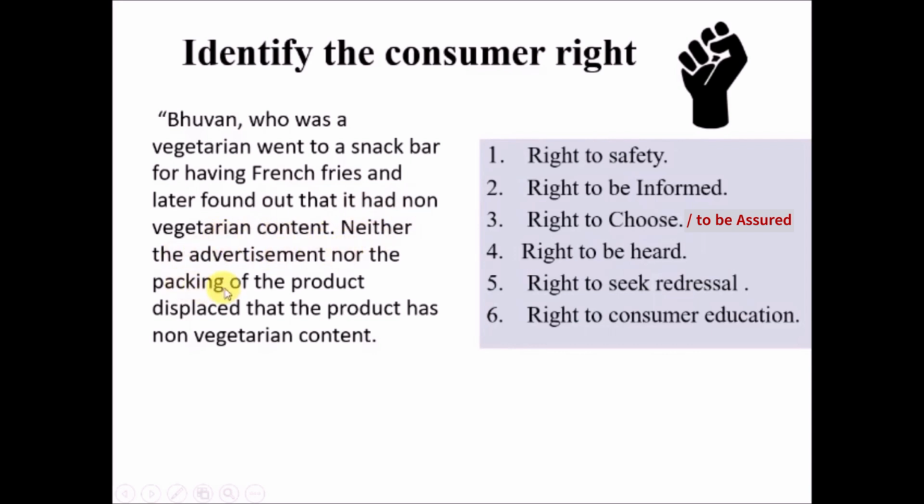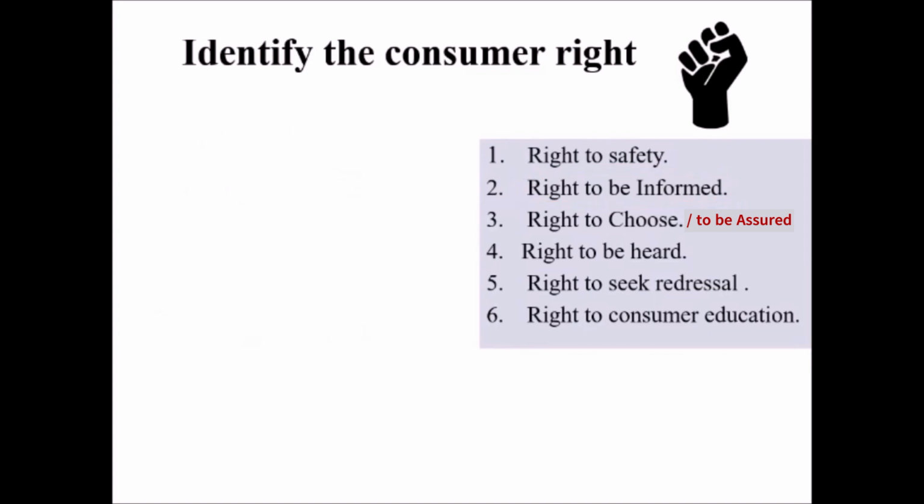Neither the advertisement nor the packing of the product displayed that the product had non-vegetarian content. Can you tell me the right which is being violated here? The right being violated here is the right to be informed.